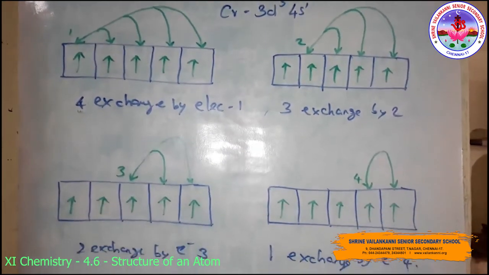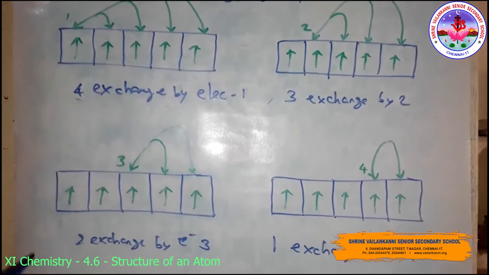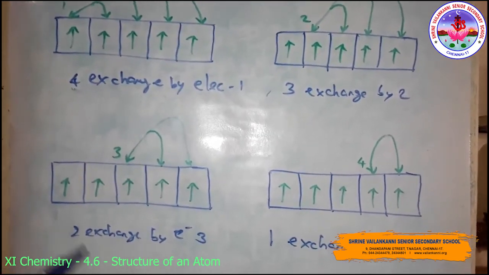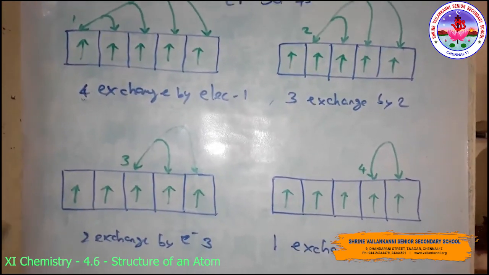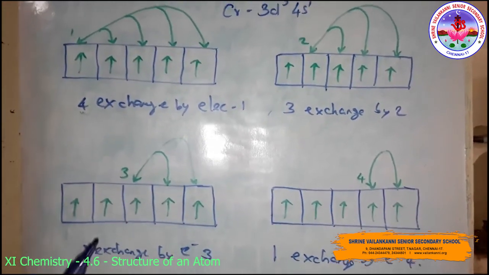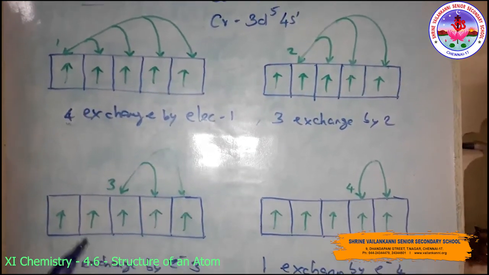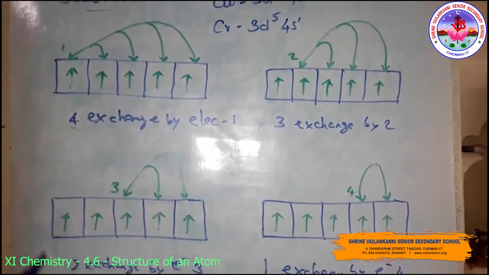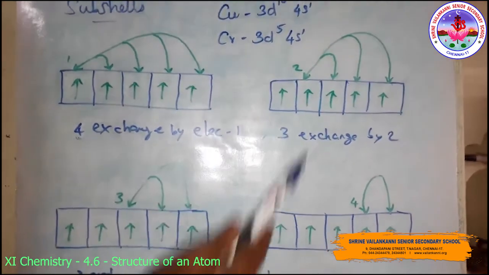So here the exchange energy, the stabilizing effect, arises whenever 2 or more electrons with the same spin are present in the degenerate orbitals of the subshell. So these electrons tend to exchange their positions and the energy released due to the exchange is called exchange energy. The number of exchanges that can take place is maximum when the subshell is either half filled or completely filled.